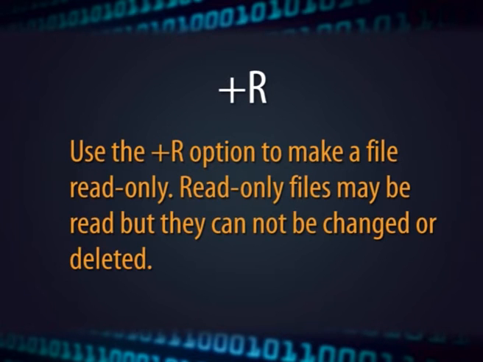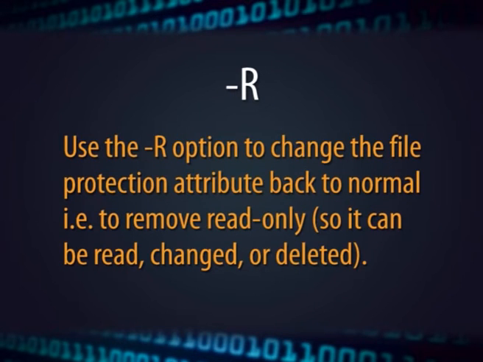The +r option is used to make a file read only. Read only files may be read, but they can't be changed or deleted. -r. The -r option is used to change the file protection attribute back to normal, that is, to remove read only, so that it can be read, changed or deleted.